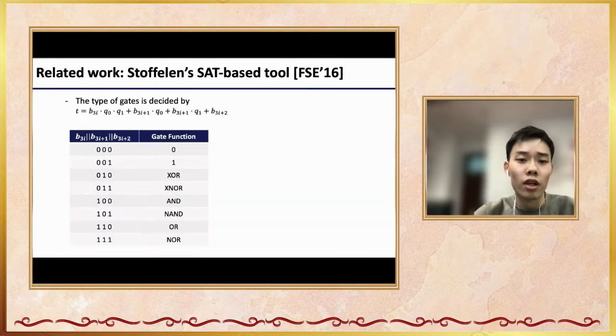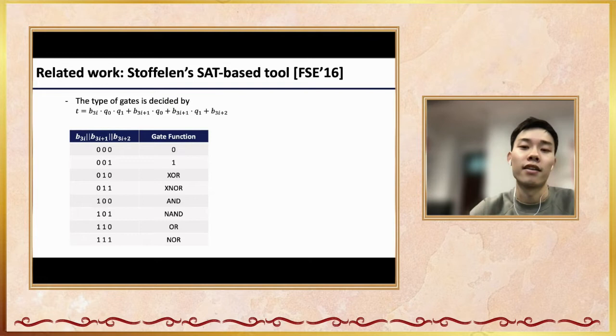In general, Stoffelen's model includes every gate as an algebraic normal form equation. The variable b determines the type of a gate. For example, when the triple b equals 0, 1, 0, T is an XOR gate and represents Q0 XOR Q1.